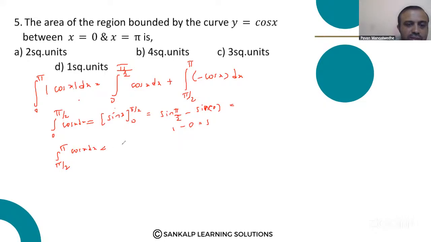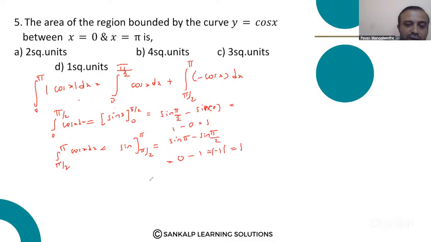On solving this, it is sin x from pi by 2 to pi, upper limit minus lower limit, that is sin of pi minus sin of pi by 2, which gives 0 minus 1, which gives minus 1. But area is always calculated in the positive manner, so it is kept under the mod, which gives us 1.